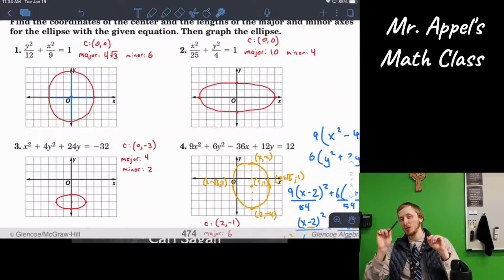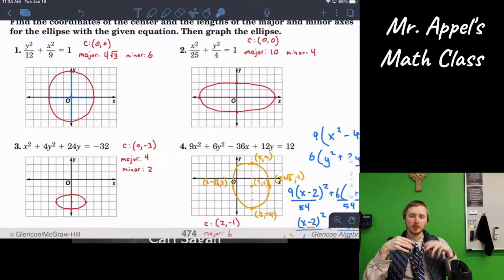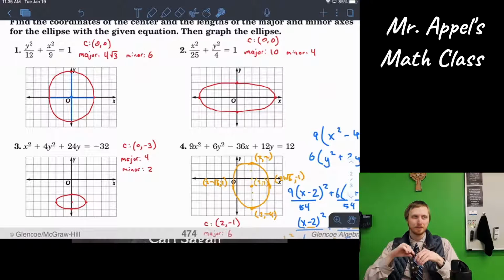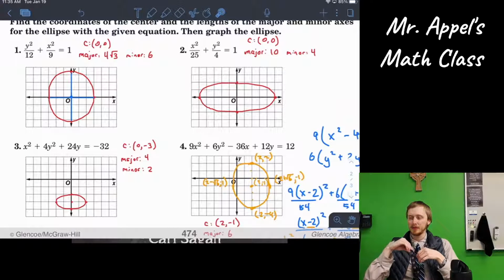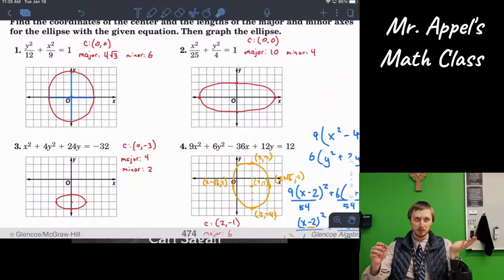When we get to the hyperbola, I can understand a little bit more difficulty in drawing it by hand, but I'm going to show you a trick that actually makes it not too bad. Anybody can build a decent hyperbola by hand from that. Same with the ellipse. I think if you go with that cross shape first, set your axes in there, now you're just graphing two line segments and drawing an oval around them.